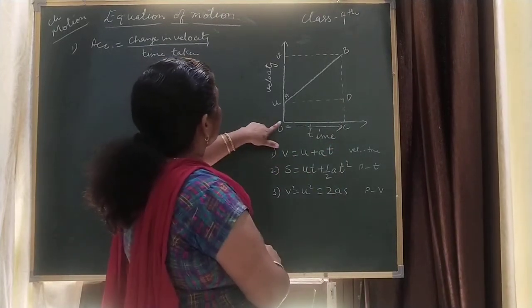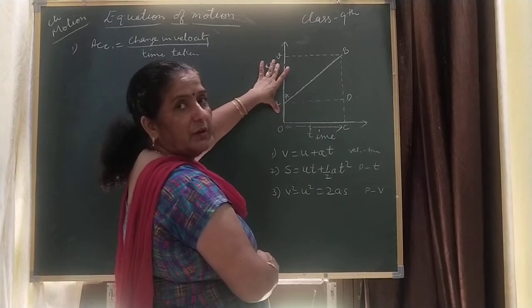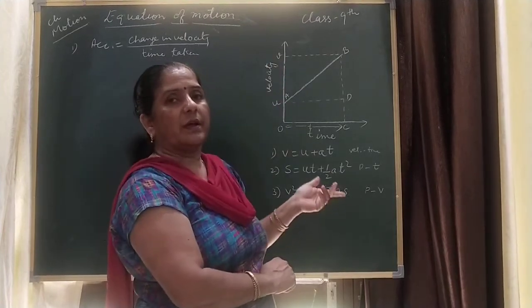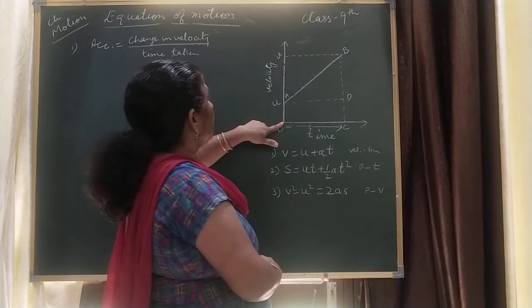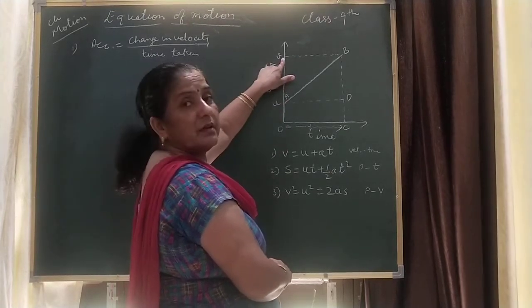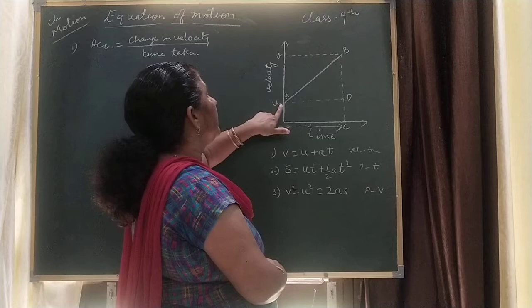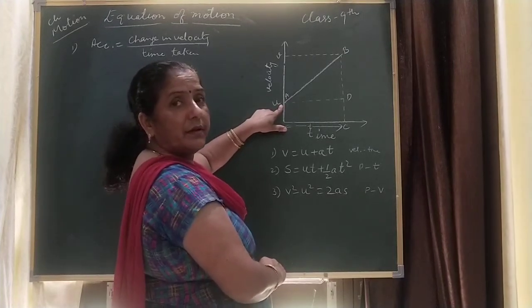Now from O to this point, this distance is v. We are calling it a distance, but actually it is velocity. In this graph the initial velocity is u, which means initially the body is not at rest.